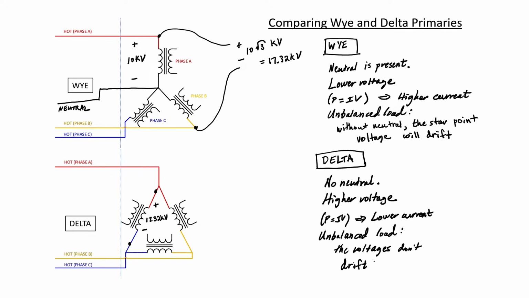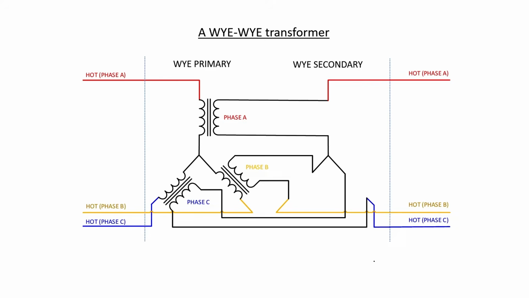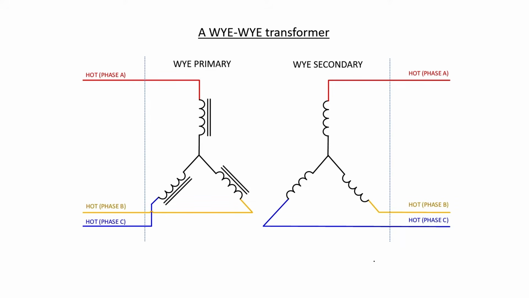So we've looked at two different configurations, that is having a Y or having a delta at the primary side of a transformer. Let's now consider the secondary side of the transformer, and we're first going to look at the wye-wye configuration. Now this is one way of drawing it, but typically when three-phase transformers are drawn, the wiring gets a little bit complicated when we draw it like this. So we draw the transformer in a slightly different way. We simply separate on the drawing the secondary coil from the primary coil.